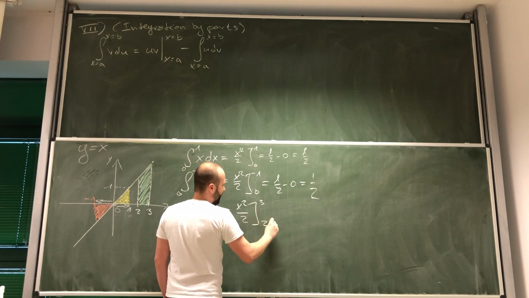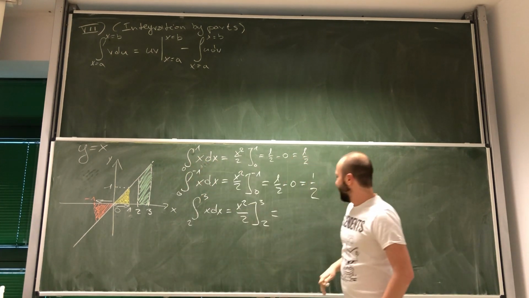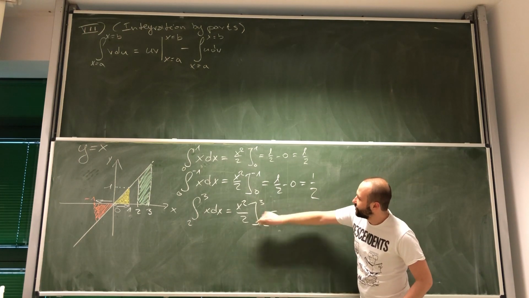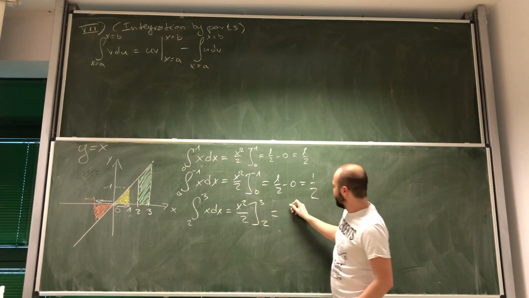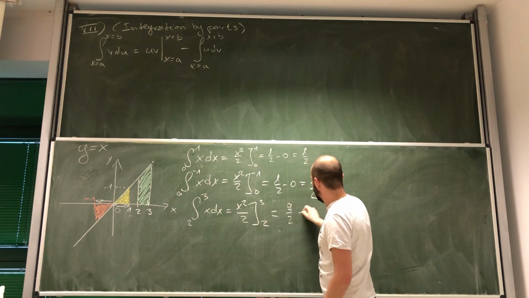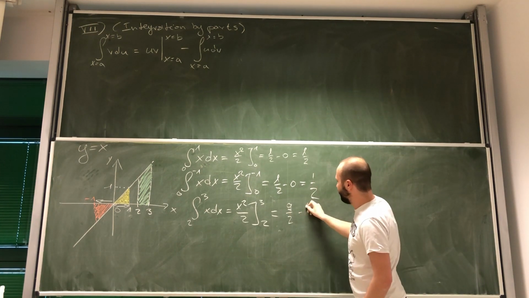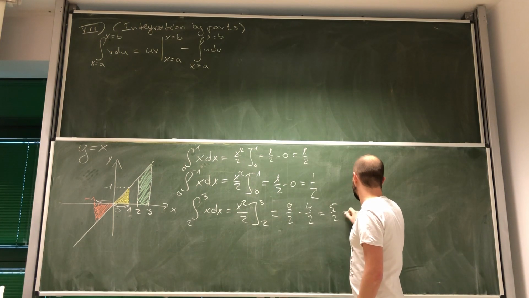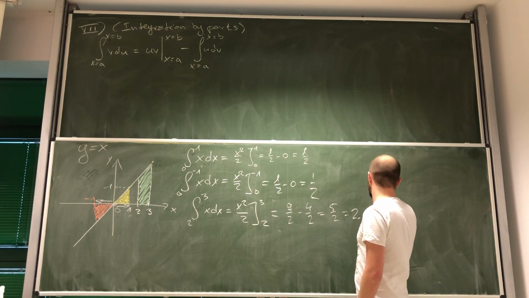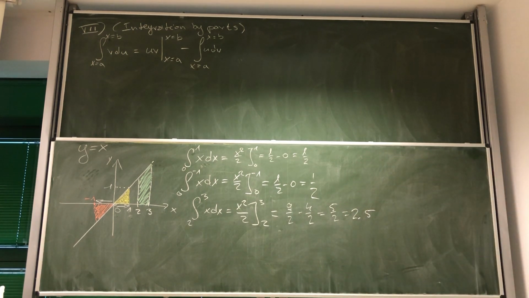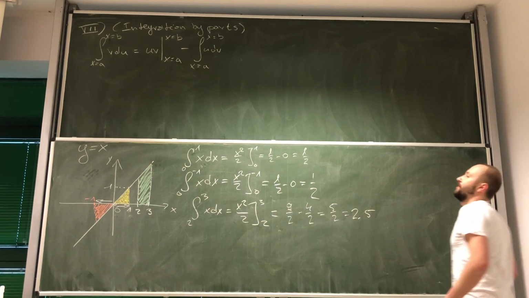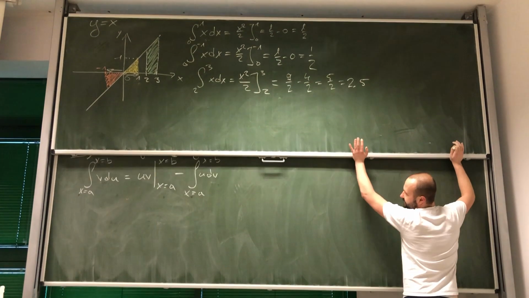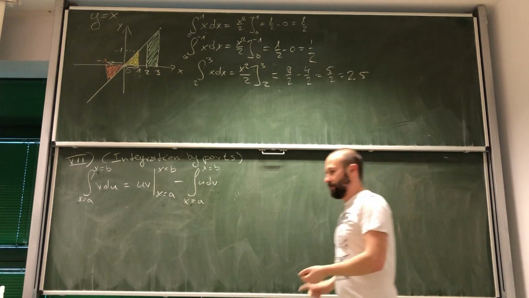We've got x squared over 2, with 3 and 2 as limits of integration, so this is 9 over 2 minus 4 over 2, which is 5 over 2, or simply put, 2.5.